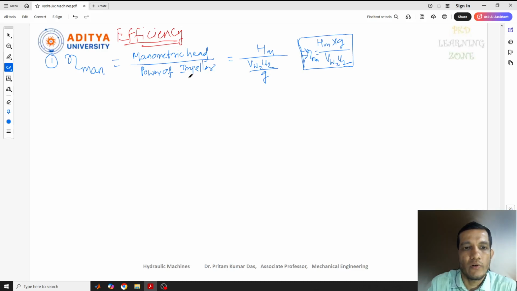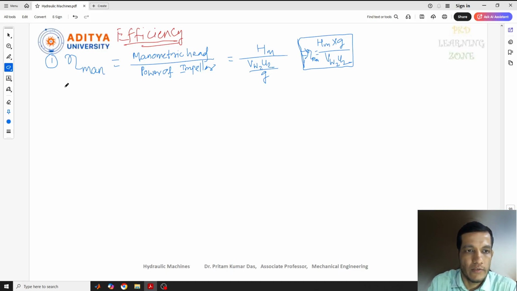Some books give this in different ways, like the actual power delivered by the pump with respect to the power imparted by the impeller. Manometric head is nothing but the power actually delivered by the pump. In that way also we can calculate.